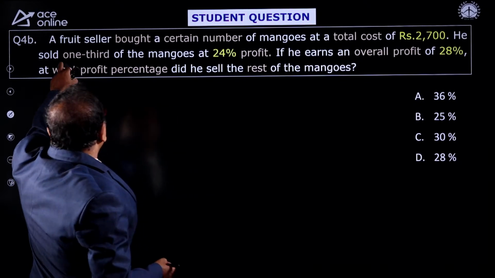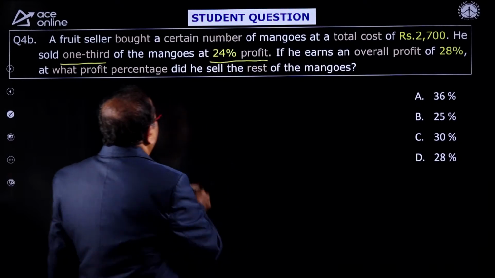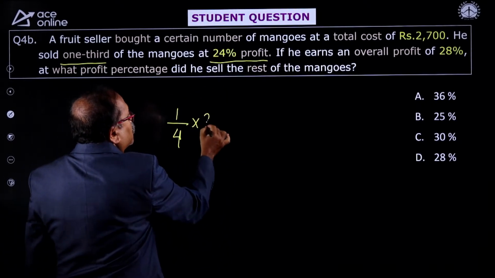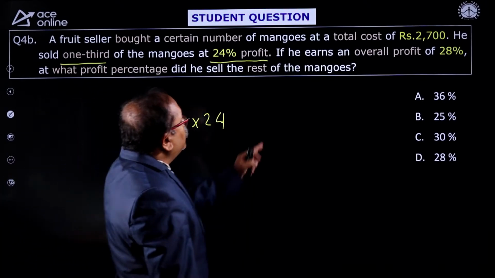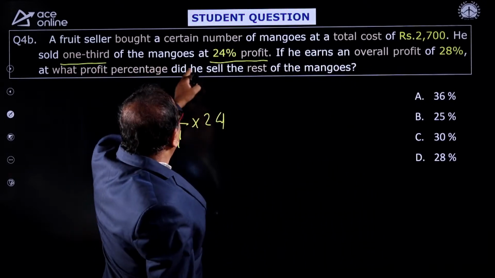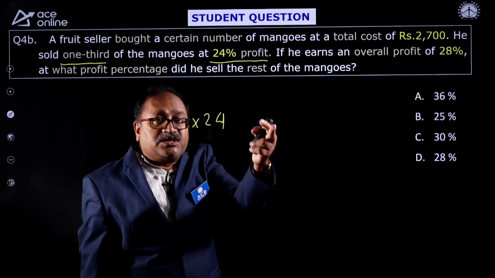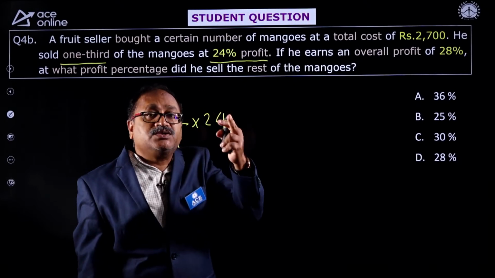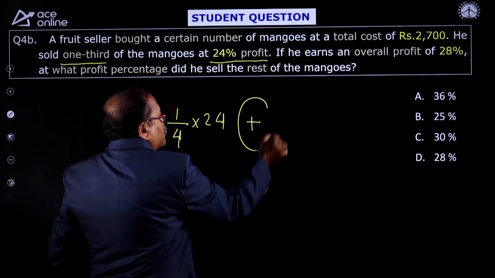Now, he sells 1/3 at 24% profit. As it is profit, it will be positive, 1/3 into 24. And he earns an overall 28% profit, which is greater than 24, so the second part is also at profit, so it is plus.